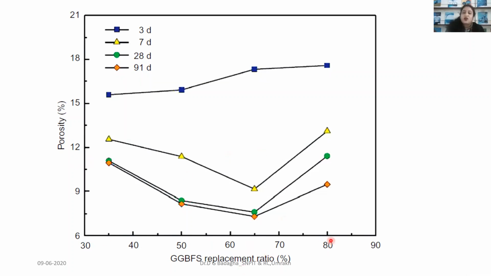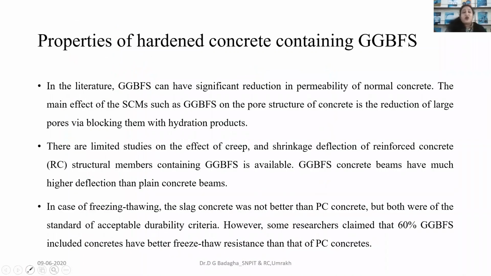If we go beyond the replacement, then porosity is increased. That's why we are trying to use that material as per the guideline, as per the literature survey, as per the researchers' recommendation. When we talk about the properties, it is having a significant reduction in permeability of normal concrete.